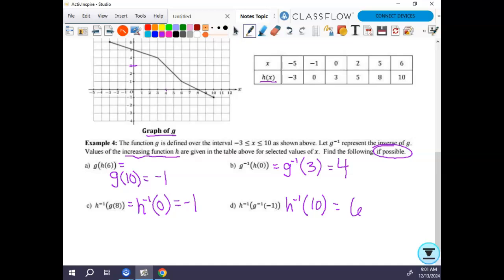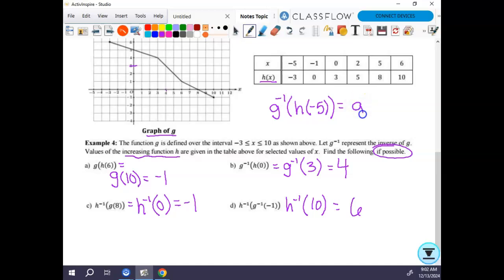We're going to do g inverse of h of -5. Okay. What is h of -5? -3.